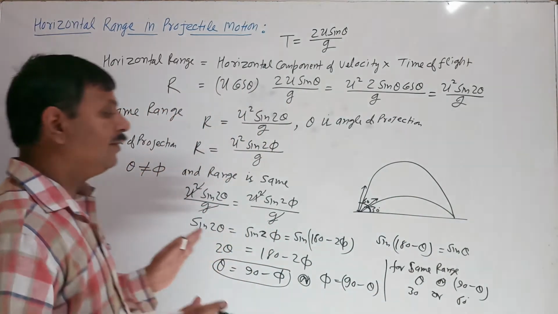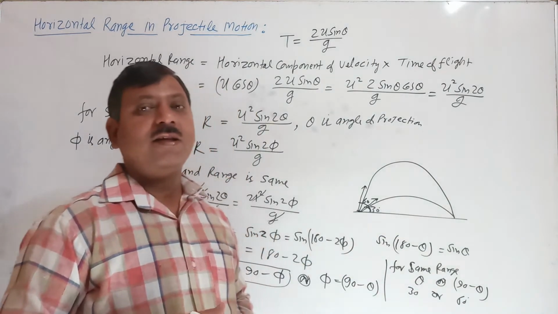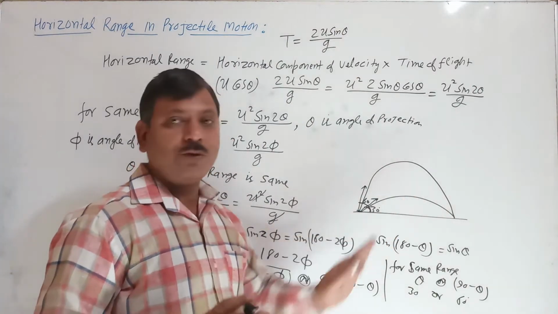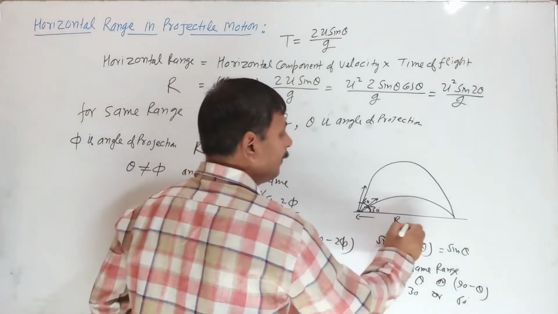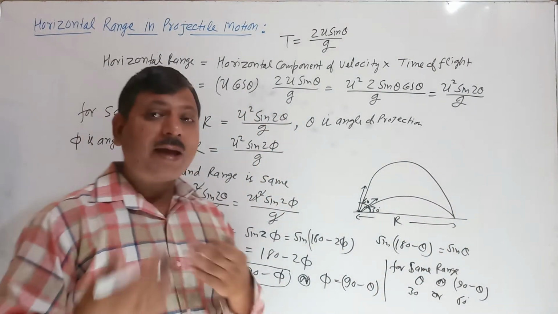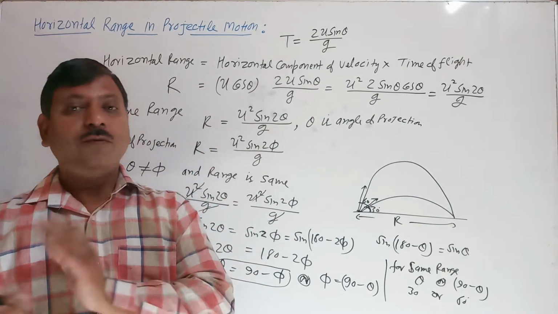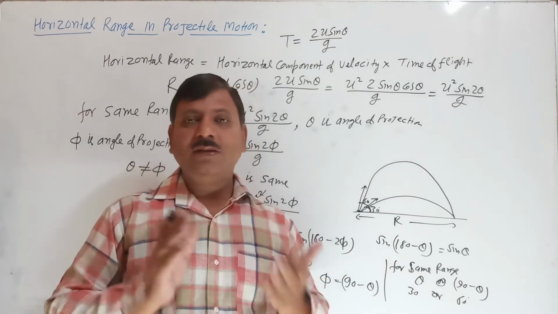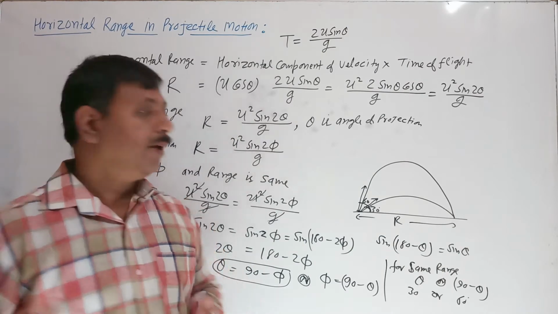So for same range, if you are taking angle of projection theta and 90 minus theta, the range will be same. Here I have shown you 30 degree, if range will be this R, so at 60 degree also range will be same. And for maximum range, I have told you maximum range theta is equal to 45. If you are projecting a body at 45 degree, pi by 4, then range will be maximum.